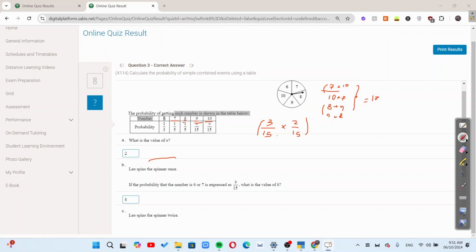So I'm going to take 7 over 10 for the first case and 8 over 9. Plus the same probabilities, because they're the same, 3 over 15 times 2 over 15.